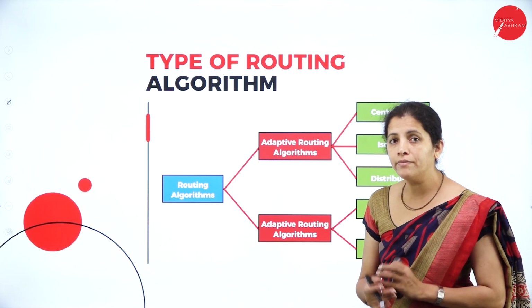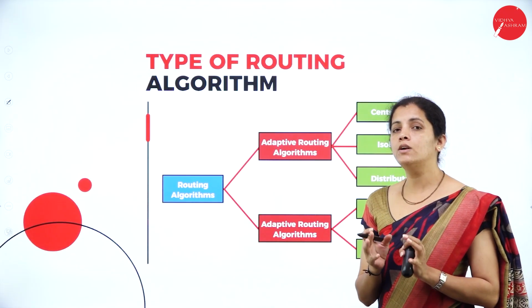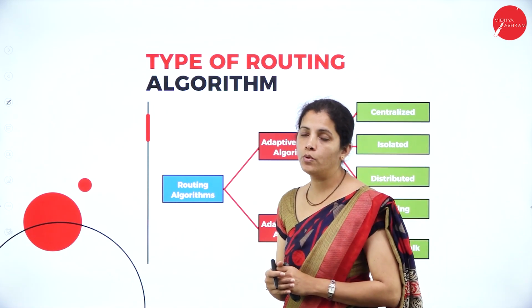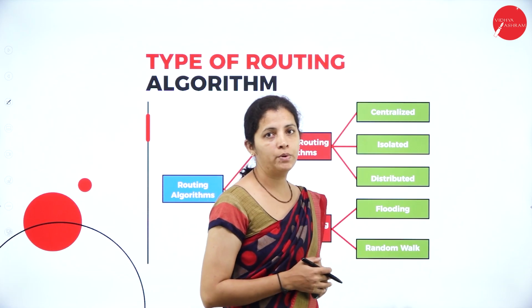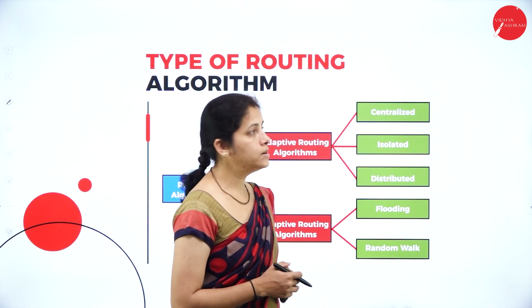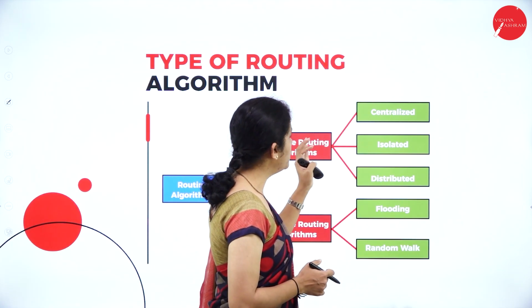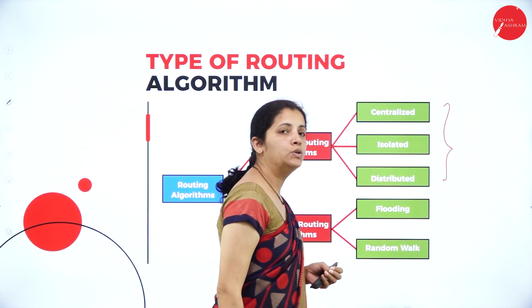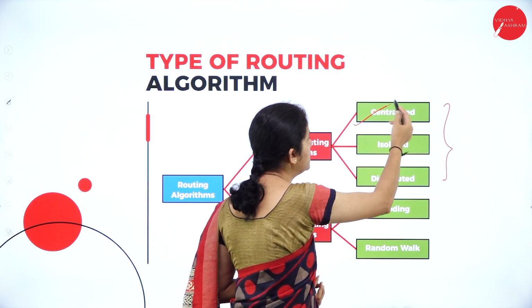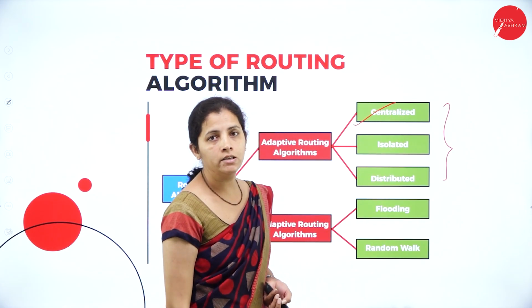So, dear student, if I consider routing algorithm, there are two types of routing algorithm. One is adaptive routing algorithm and another one is non-adaptive routing algorithm. And if I consider adaptive routing algorithm, further it is categorized into 3 types. One is centralized, isolated and distributed.